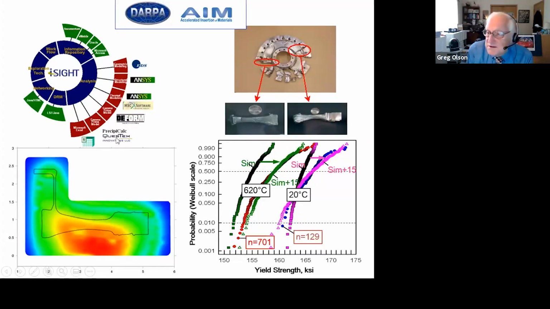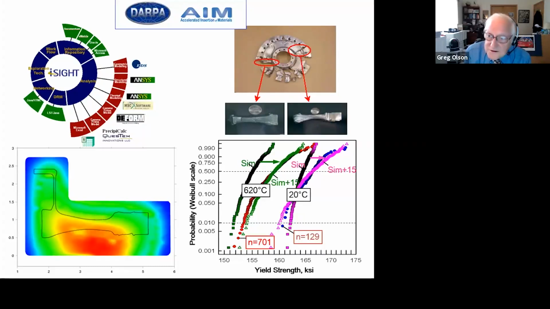So this puts together the CALPHAD thermo and mobility databases and adds some surface thermodynamic quantities to actually simulate complex nucleation and growth in complex alloys so that we could actually predict the effects of very complex heat treatments of turbine disks that had multimodal distributions of gamma prime precipitates.